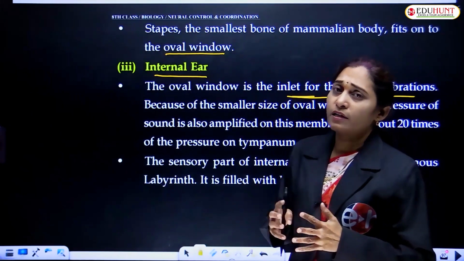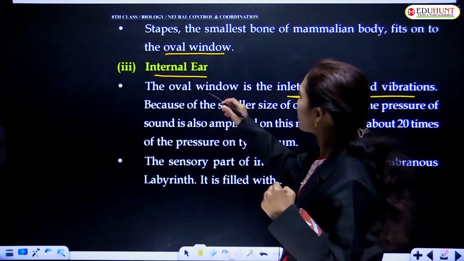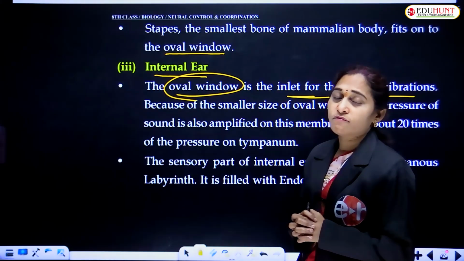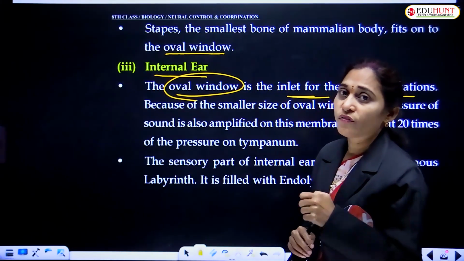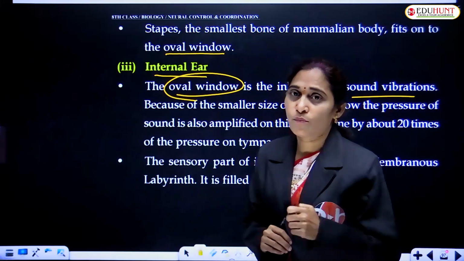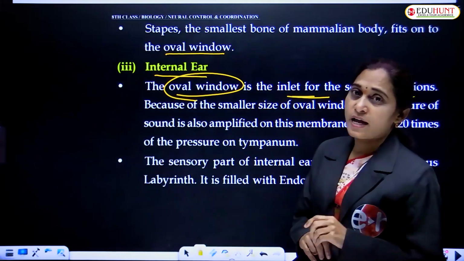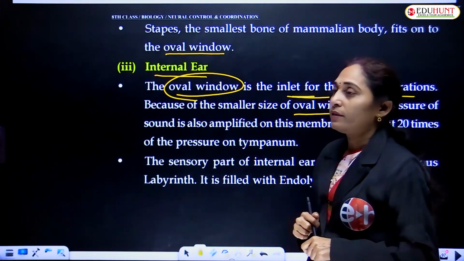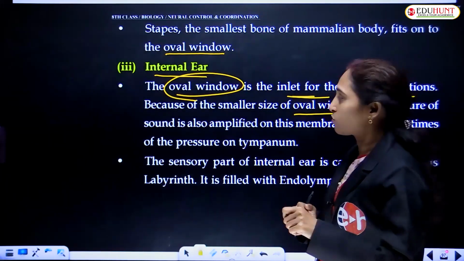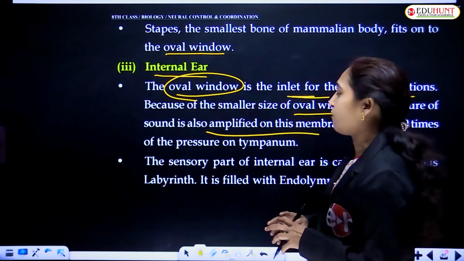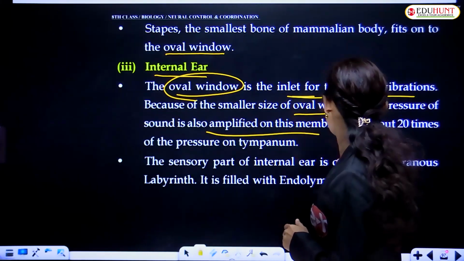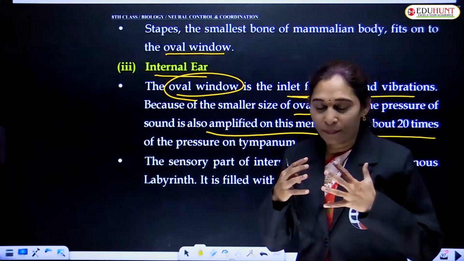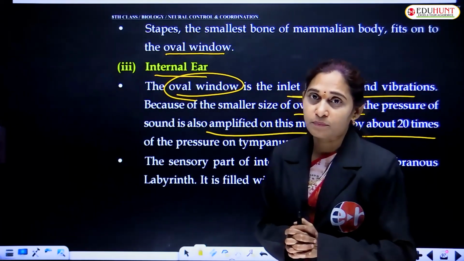This is the oval window. The oval window is the inlet for the sound waves. Because of the small size of this bone and the oval window, the pressure of the sound gets amplified on this membranous structure by 20 times the actual pressure at the tympanum.